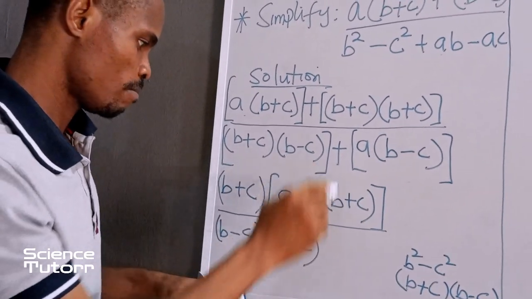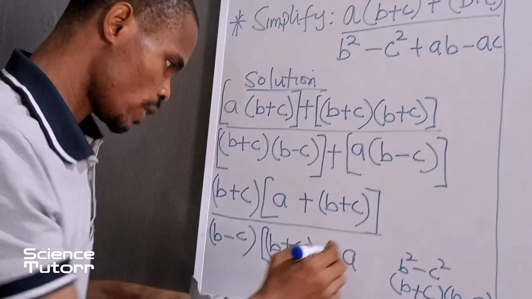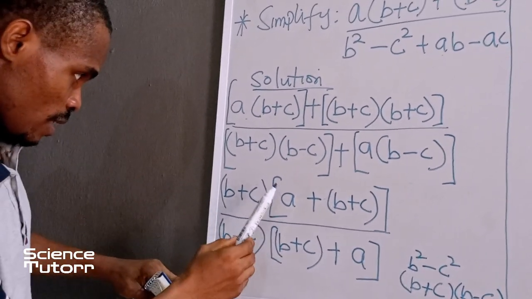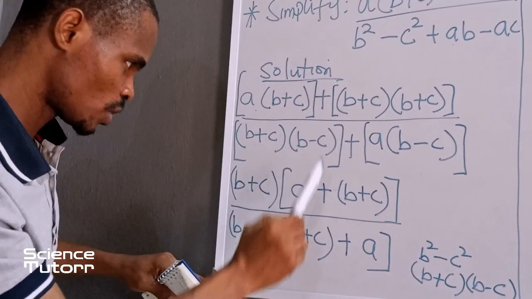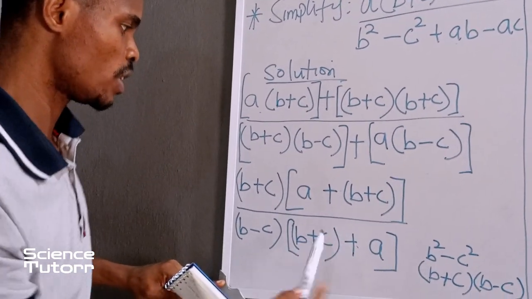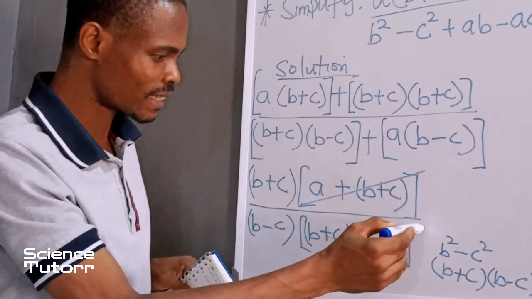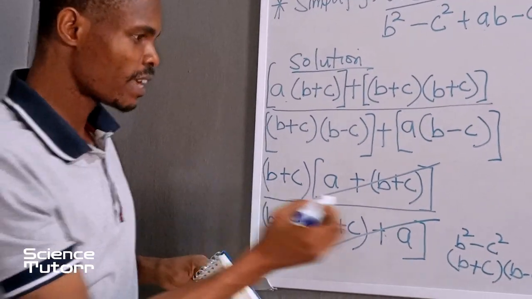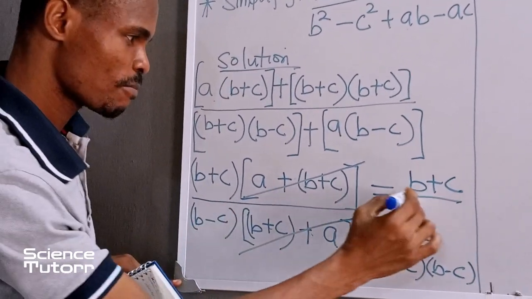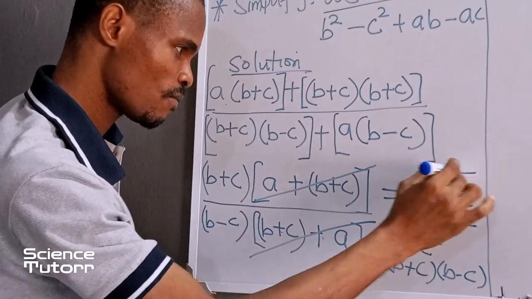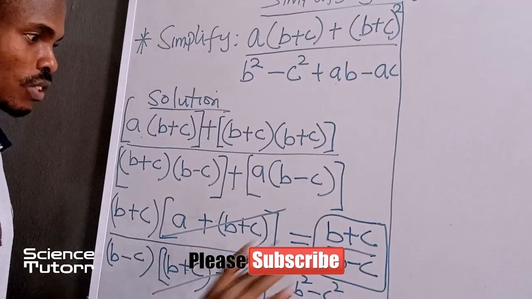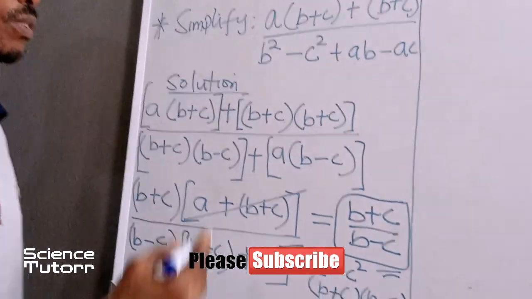I have A, positive A. Now when you compare each of these, you come to realize that in the numerator I have A plus B plus C. Denominator I also have A plus B plus C. Automatically these two are like terms, so they cancel out. At the end of the day, I'm going to be having B plus C divided by B minus C. Final result. This algebraic fraction simplified, giving us the final result.